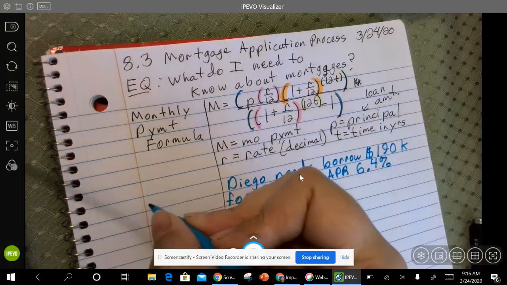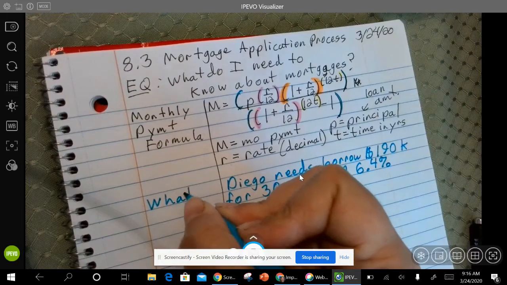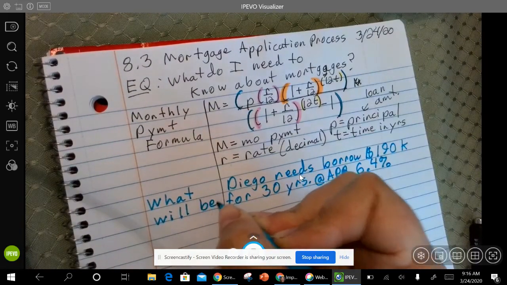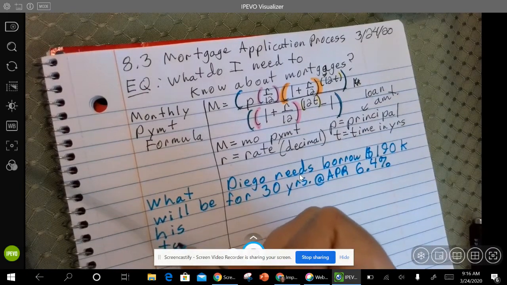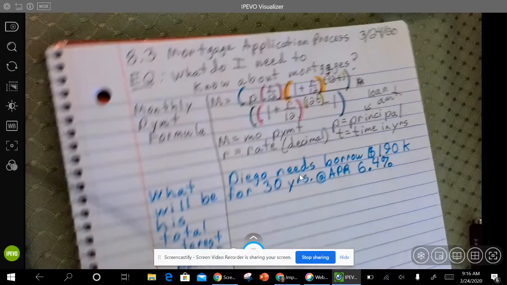Okay, and what we want to know is how much will he pay? What will be his total interest paid? So how much is he going to pay in total interest?